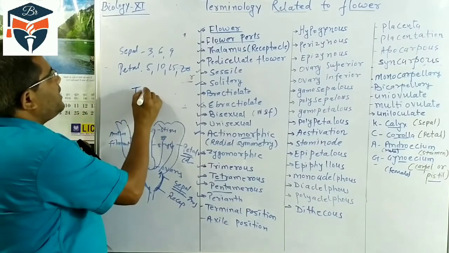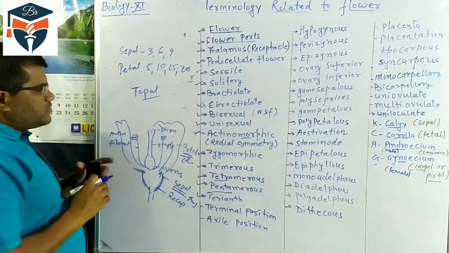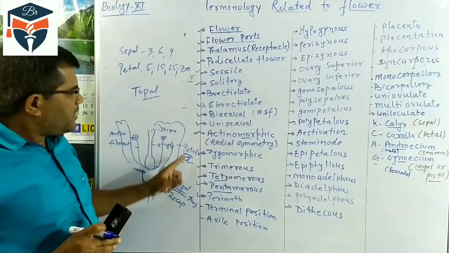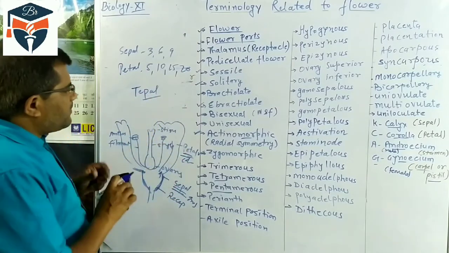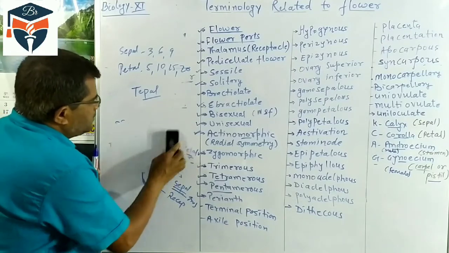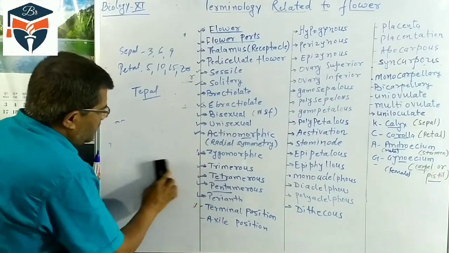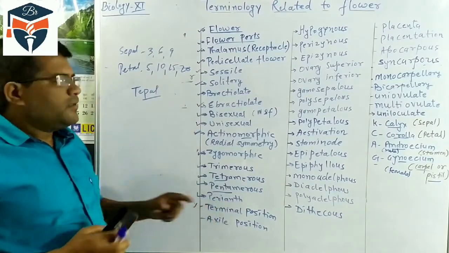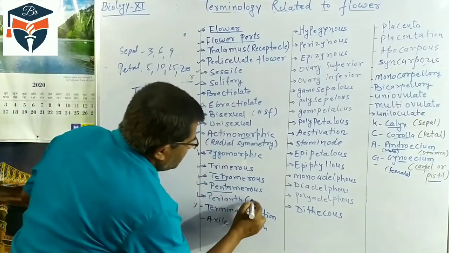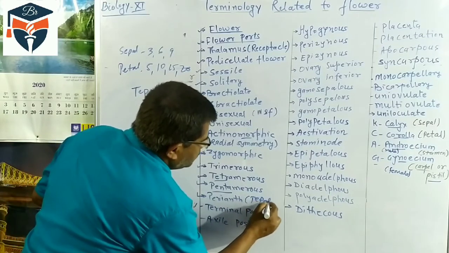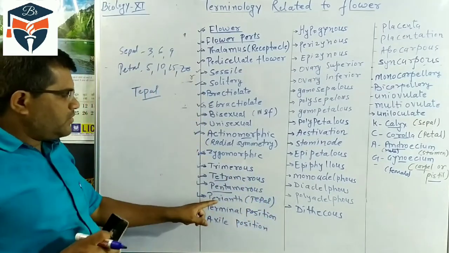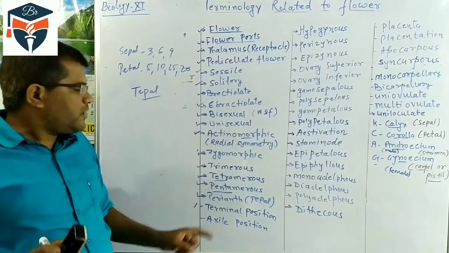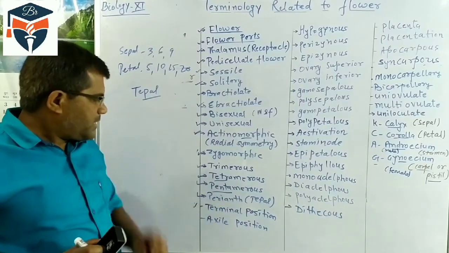In a plant like lily, there is no such division. Sepal and petal are not there. If sepals and petals are not there, this type of flower is called the perianth flower, and an individual part of the flower is called the tepal. So tepal or perianth means there is no distinction of sepal and petal.